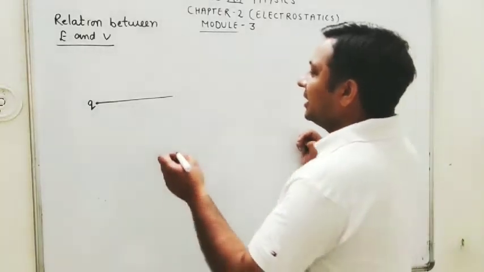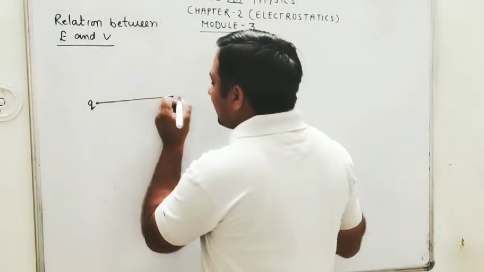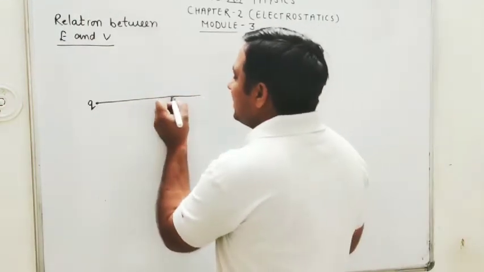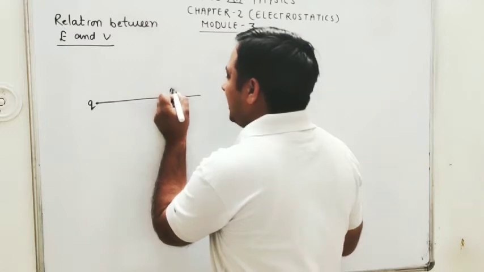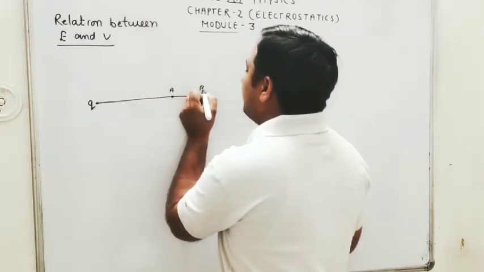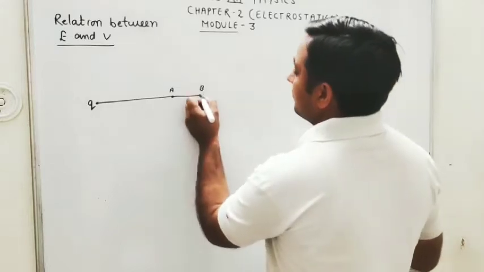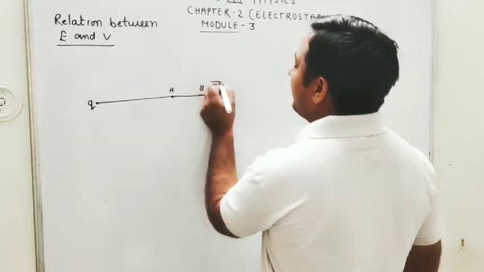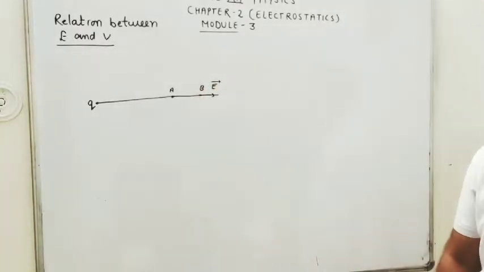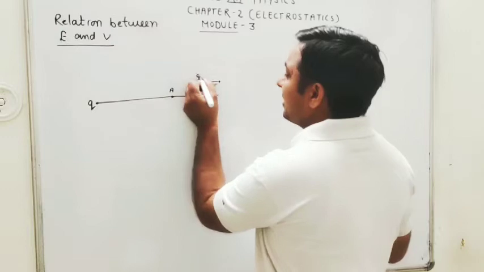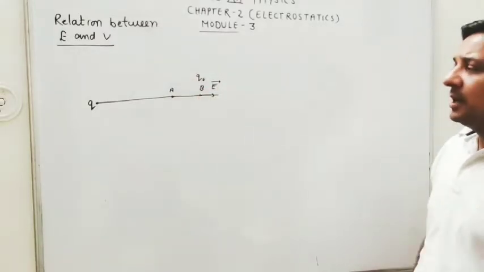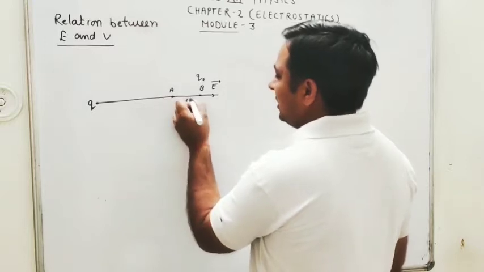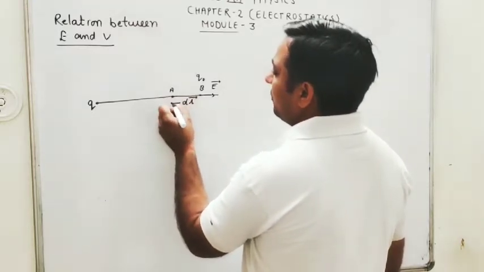Here this is a point A and this is point B. It is a positive charge, so the direction of the electric field is in this direction. There is a unit positive test charge Q naught, and the distance between them is dr, that is very small.